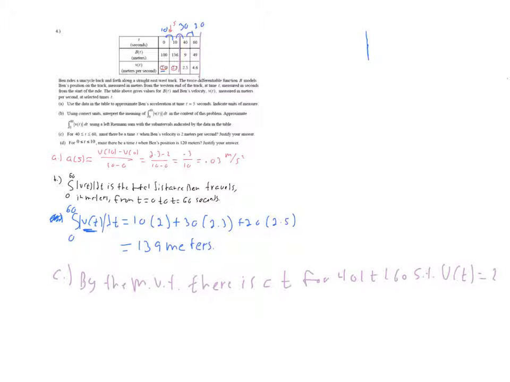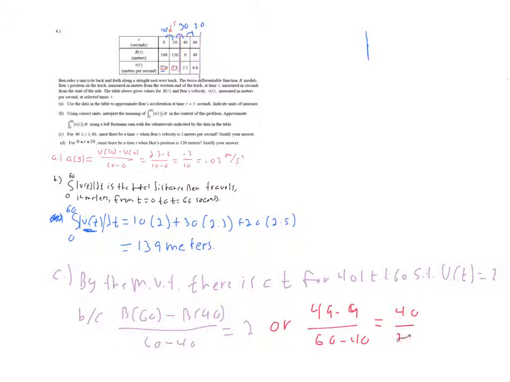And then I have really 2 ways of justifying this, because I could either say Ben's position at 60 minus his position at 40 over 60 minus 40 is equal to 2, or I could say what they are, so 49 minus 9 over 60 minus 40, which is equal to 40 over 20, and that's equal to 2.